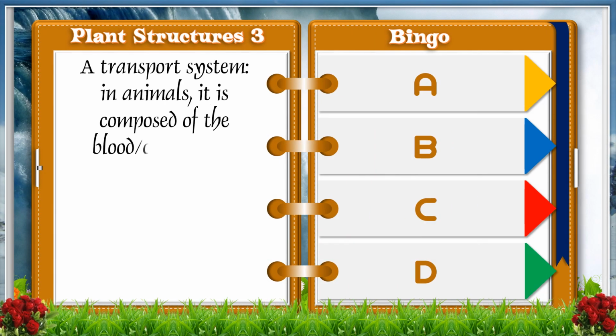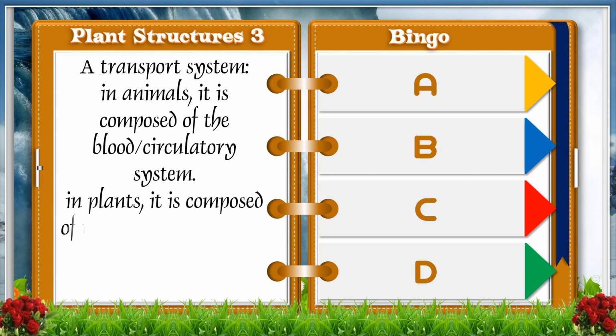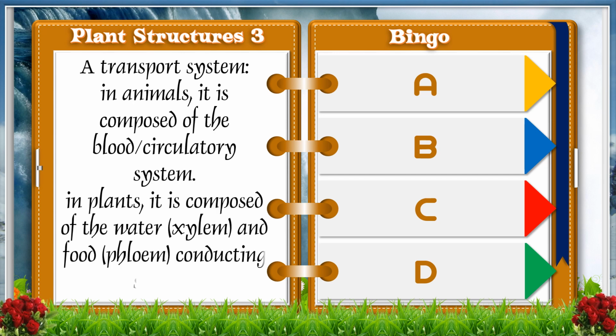A transport system in animals. It is composed of blood-circulatory system. In plants, it is composed of the water that is in the xylem and food in the phloem conducting system.